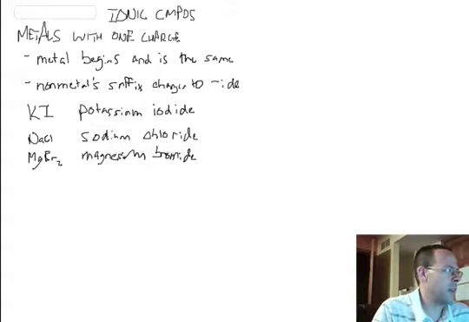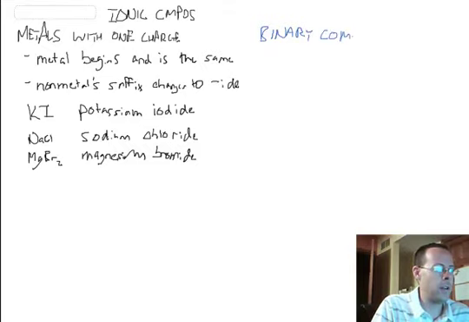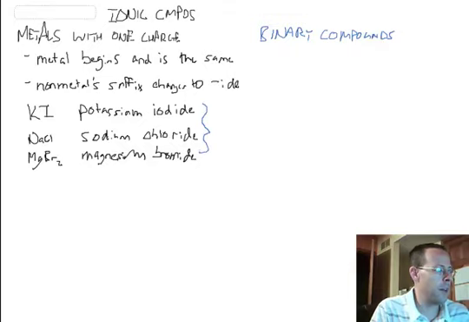The other thing I would like to add is that this is always true of binary compounds, and binary, just from the word, means 2. If a compound is made up of 2 elements, and all 3 of these are made up of 2 elements. One might argue MgBr2 is made up of 3 atoms.